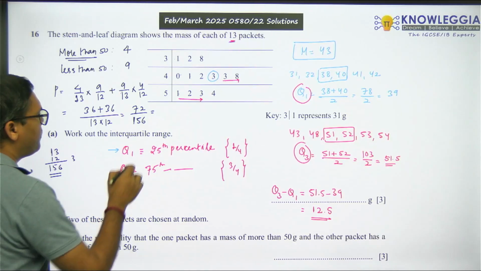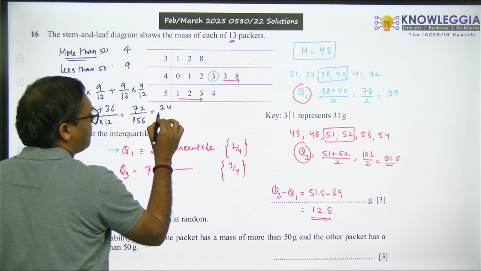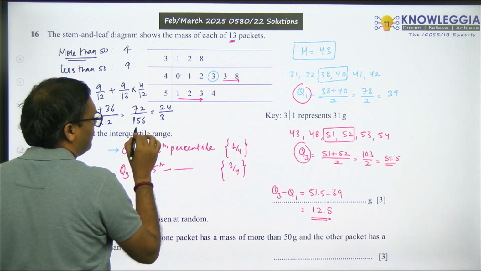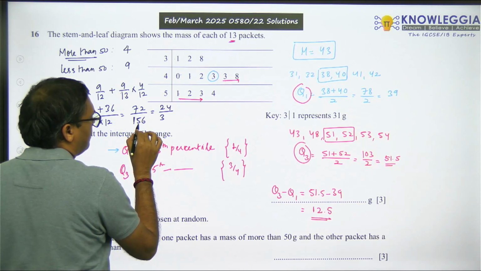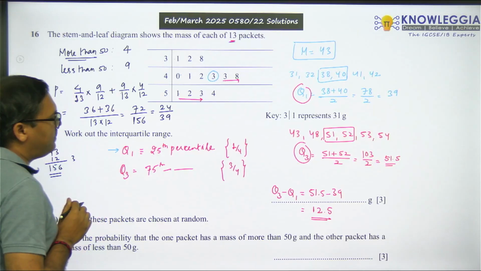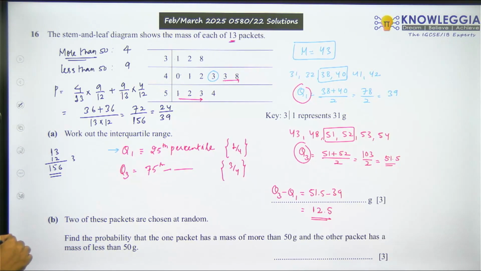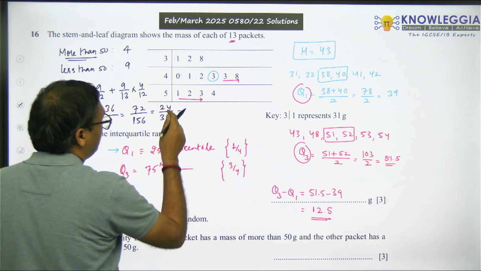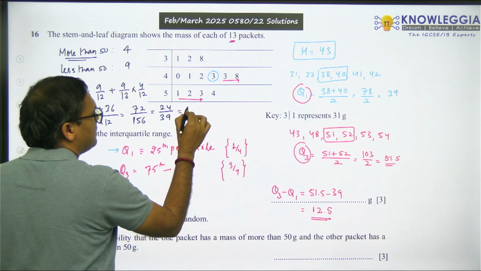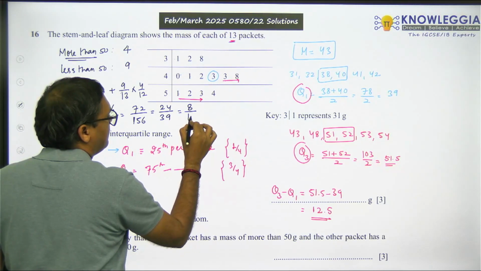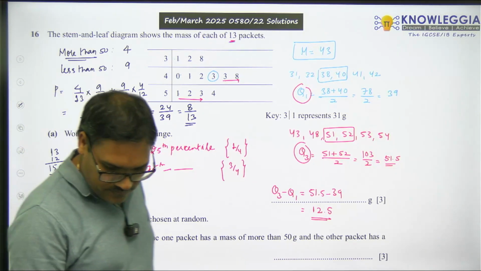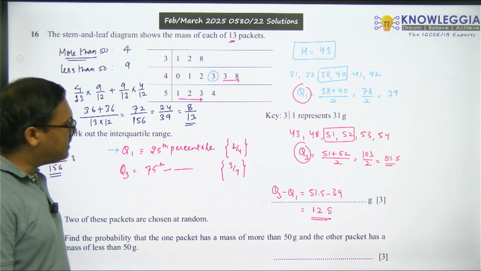So this is 18 by 39. And there is one more common factor here, a common factor of 3. So this is 6 by 13. So what is the answer?